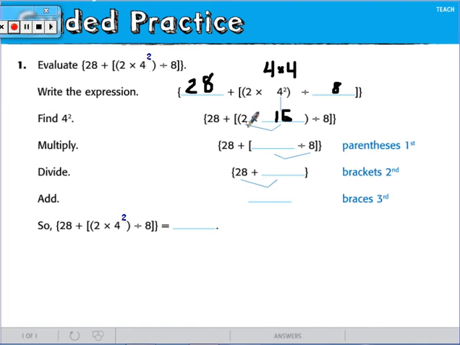So now, we go inside the parentheses. So here's parentheses, another set of parentheses. Remember I said we start with the parentheses inside all the parentheses. So now we have 2 times 16, which is 32. Now we do 32 divided by 8 because it is inside the parentheses. 4.